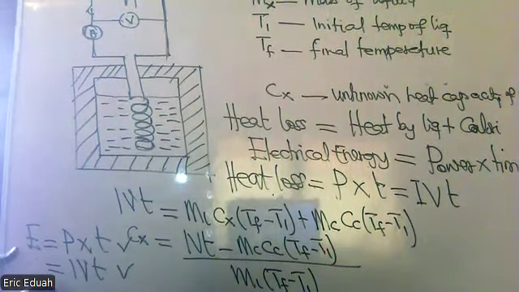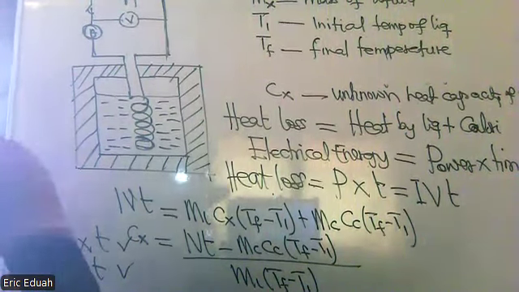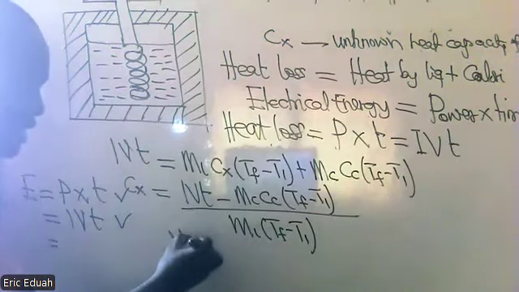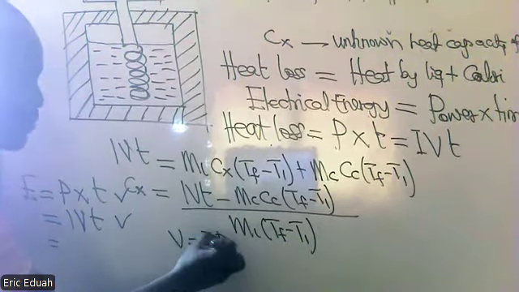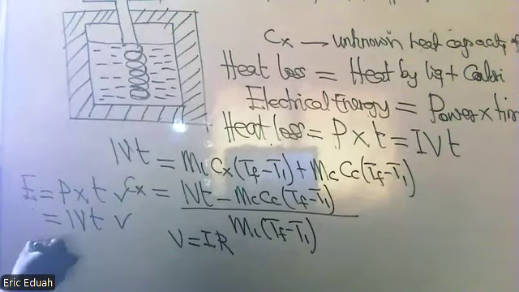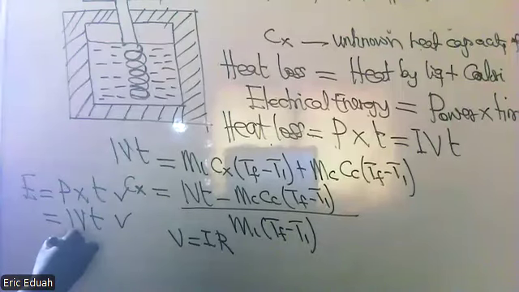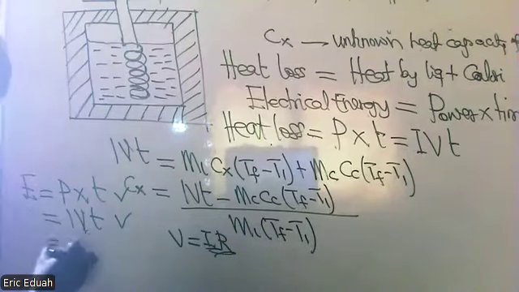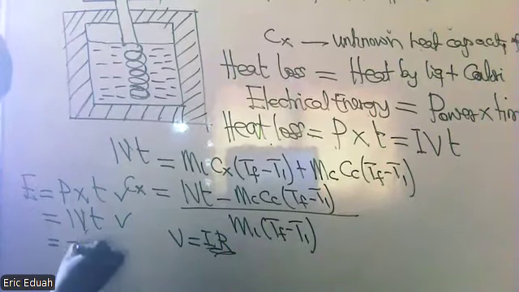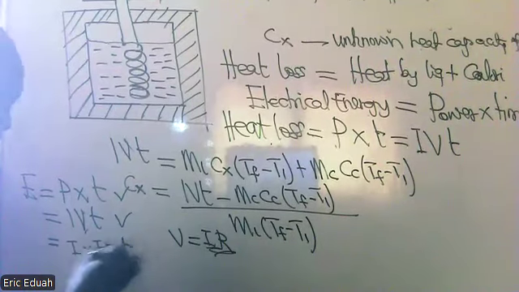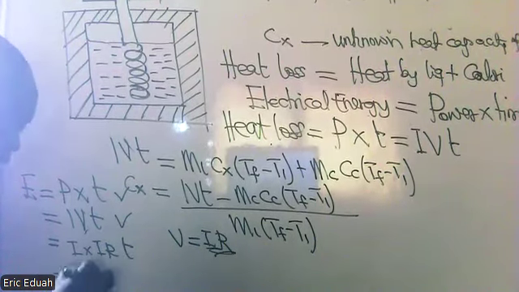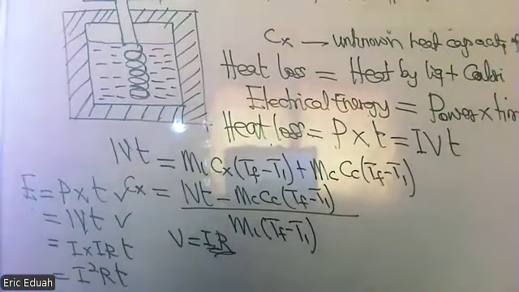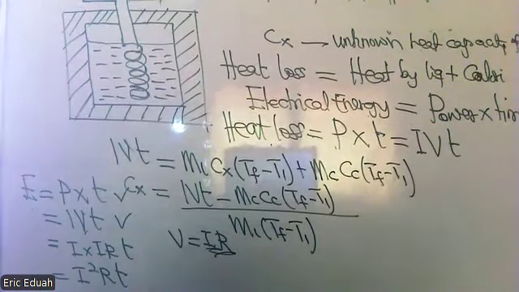We can also express the same electrical energy differently because voltage is given by current times resistance. When we substitute IR in place of V, we have I times IRT, giving us I squared RT. So the electrical energy can also be expressed as such.